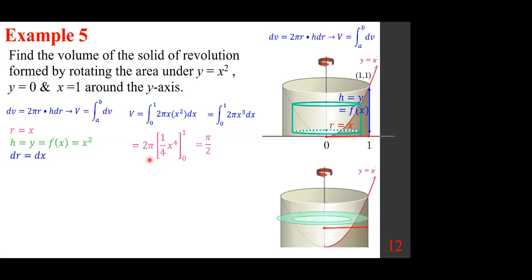Now this is going around, so instead of a cylindrical shell, we go with the disk, and this creates the hollow disk, which we call a washer, and we have the R out from here to here, and R in from here to here.